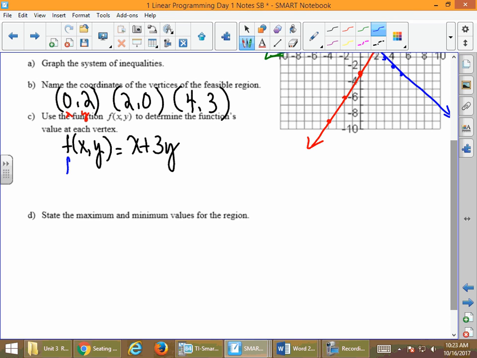So we're going to start with f of 0, 2. 0 is going to go back into our function for x, and 2 is going to go back in for y. And 3 times 2 is 6, so 0 plus 6 is 6.